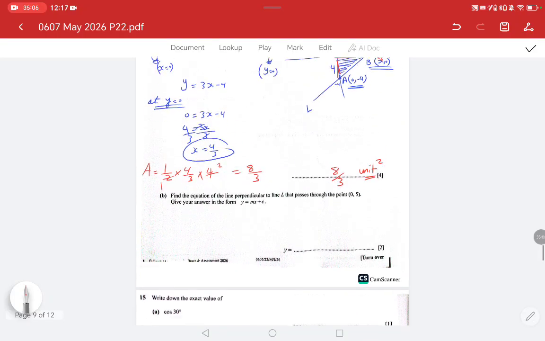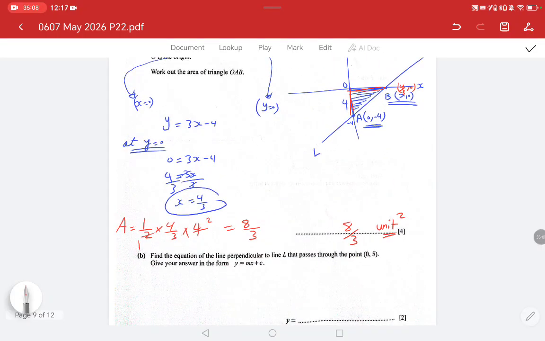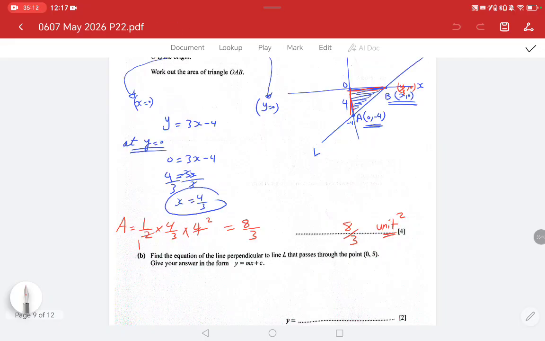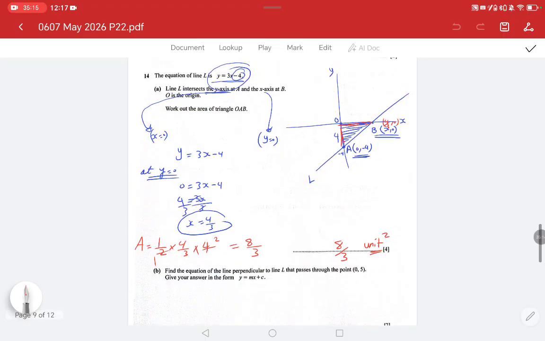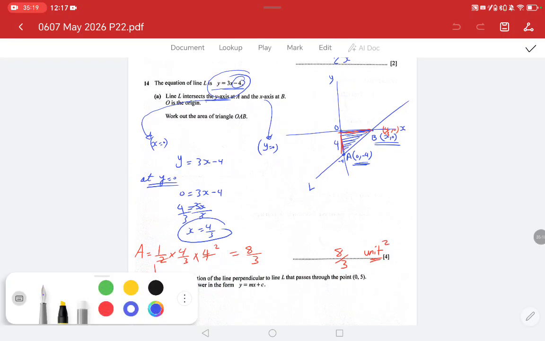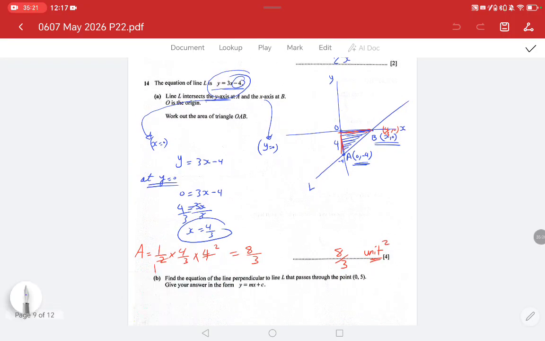Next one. Find the equation of the line perpendicular to the line L. This is what we usually say, and I said in the revision, guys, take care. Usually the questions will ask to find the equation of the perpendicular or the bisector, it's repeated. Where is perpendicular?